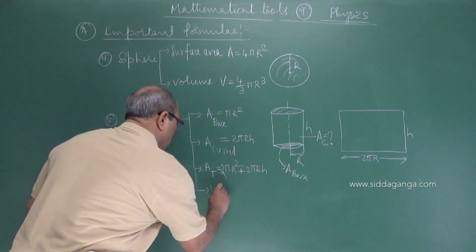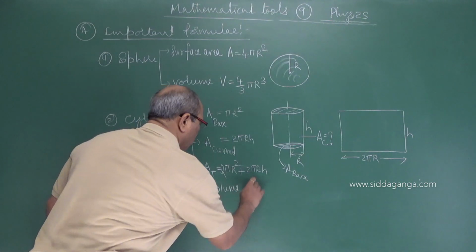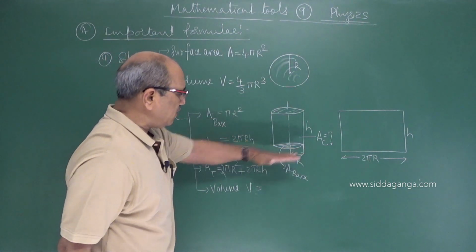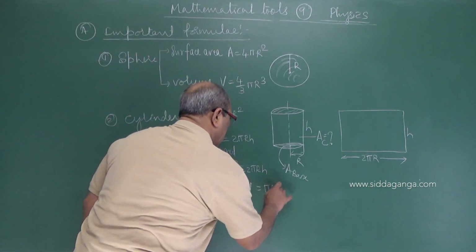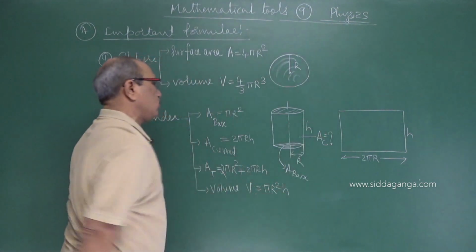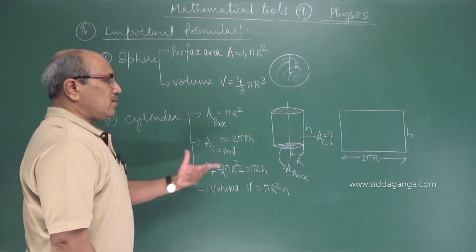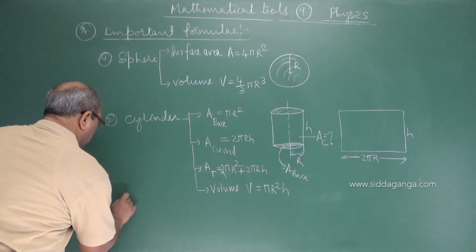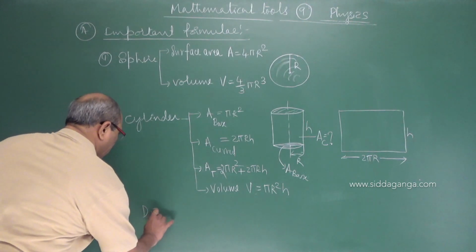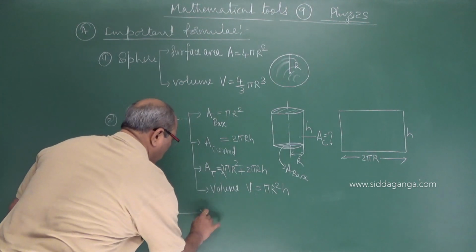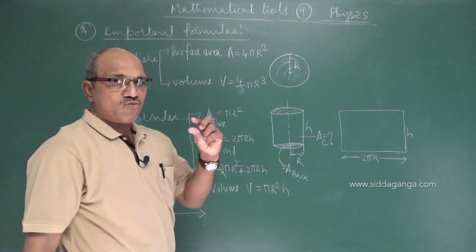Suppose you want volume V: base area into height, base area is pi r square, into height gives you this. Another that is coming is the disk. When I am talking about the disk, I am concentrating more on the volume.